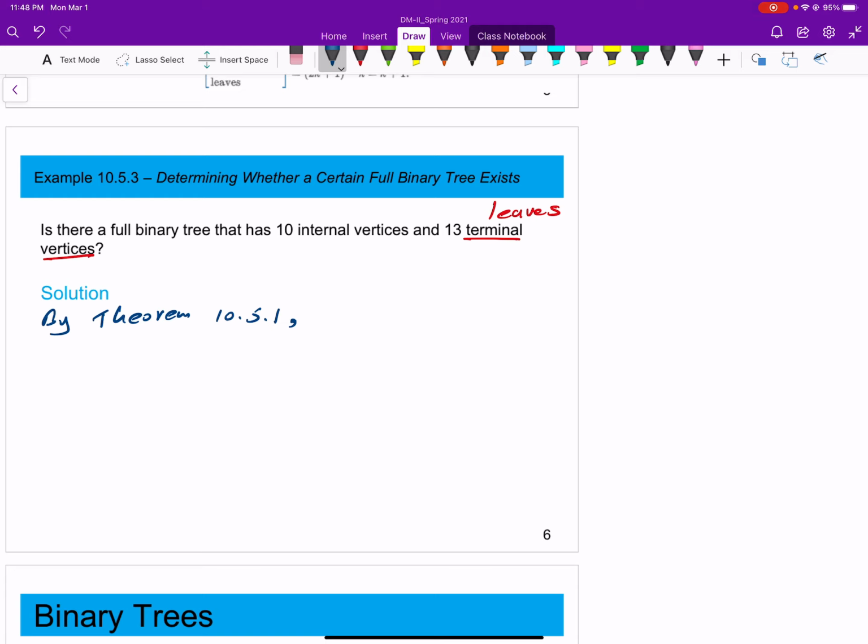A full binary tree with 10 internal vertices has how many total vertices?